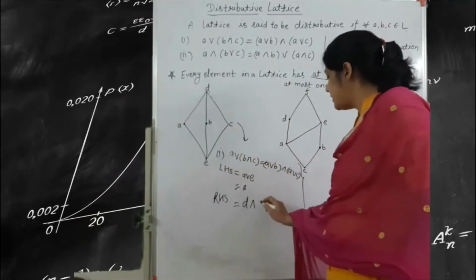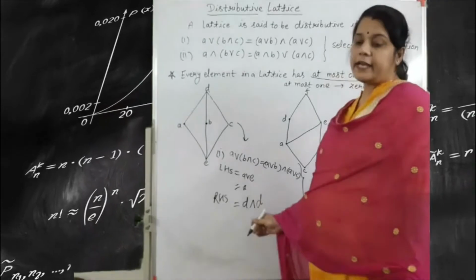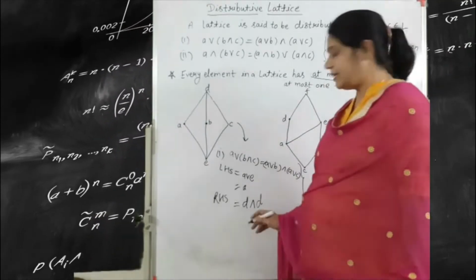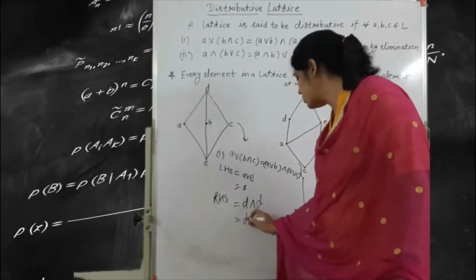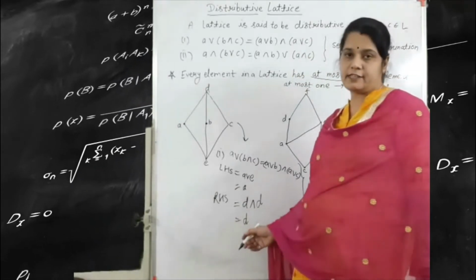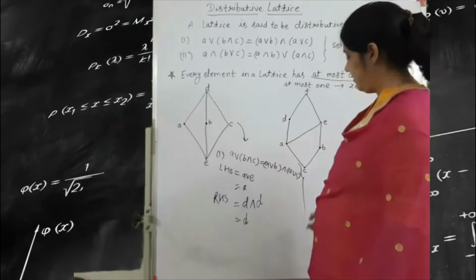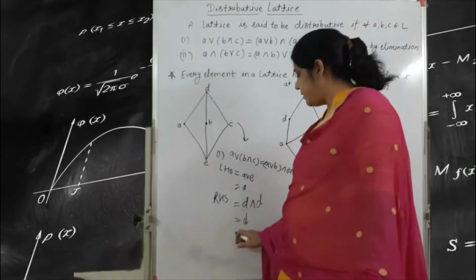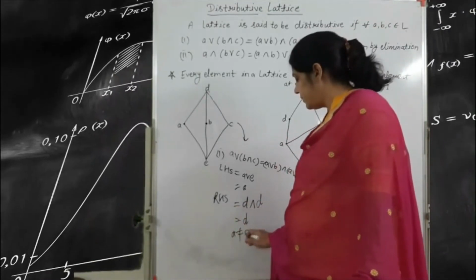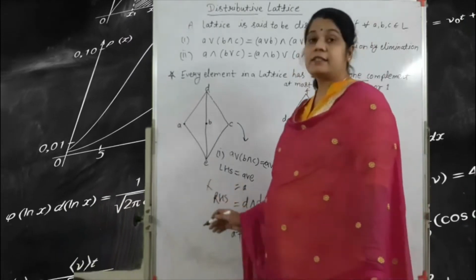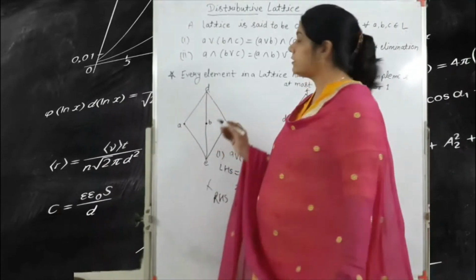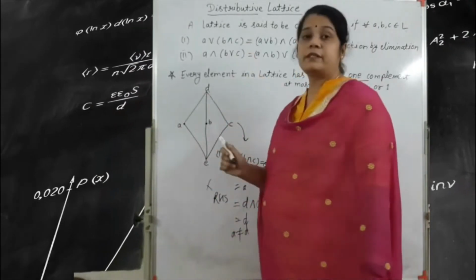D. So we write here D. Okay, and D meet D, that means what? We write here the D because of the property of the union and intersection, or we can say the conjunction and the disjunction sign. Okay, so here A not equal to D. That means this is not a distributive lattice according to these properties.